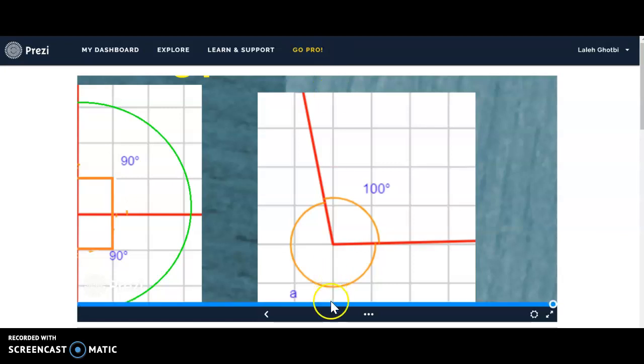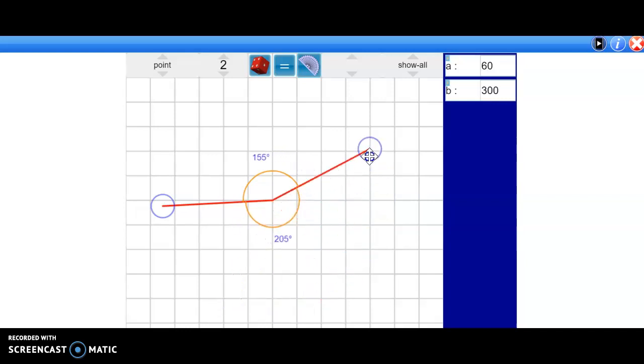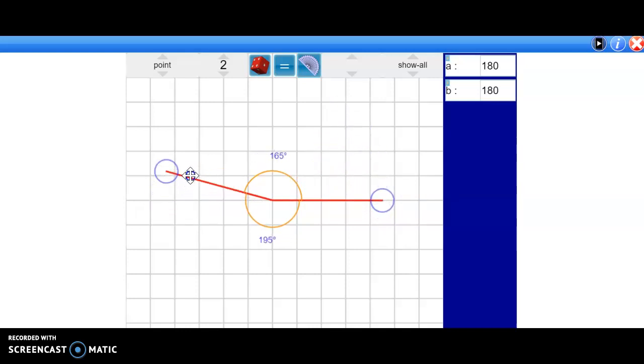Okay. You can go again to that website that I gave you. You're going to go to point. You're choosing 2 angles. Again, you can change the measurement. See, if I make 2 straight angles, I'm going to have 180 degrees, right? If I make 90 degrees, one right angle, the other one is going to be 270 degrees.